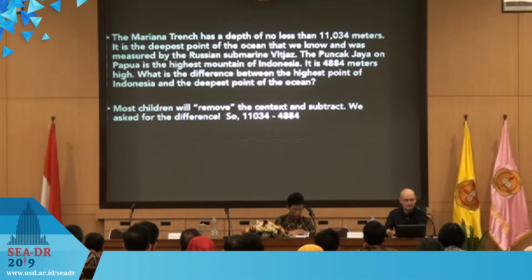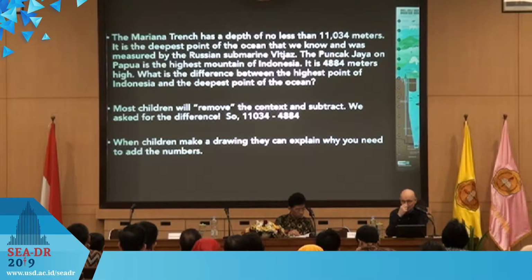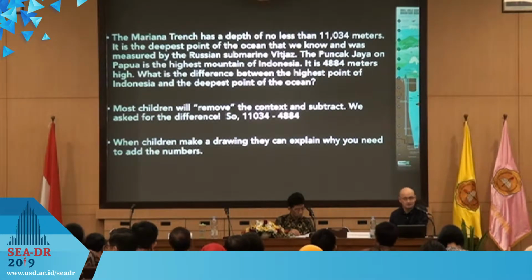Now, it is totally different if I would look for a drawing. For instance, I would embed this kind of image. Because now all of a sudden the meaning of the lowest, the deepest point and the highest point becomes much clearer.